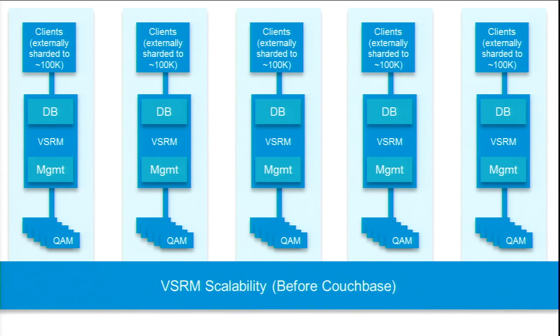And this was an overview of our scalability model. We externally sharded the incoming clients into groups of about 100,000, which were statically assigned to a specific server that had its own local database, its own local management, and then network devices that were controlled by the server were also statically mapped to it.